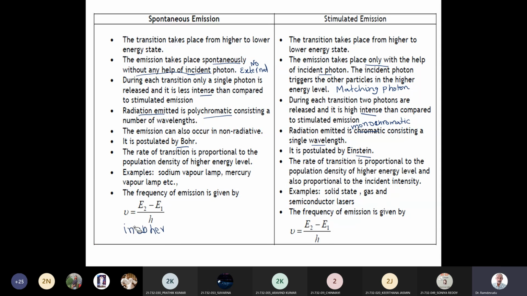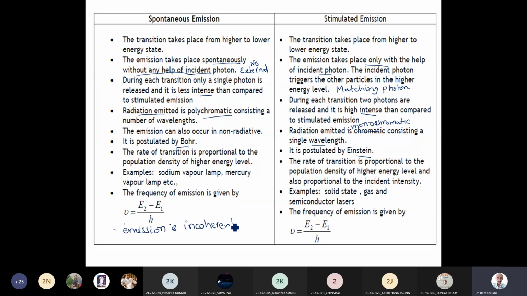I'll just erase this and write here. I'll get an incoherent emission, so it occurs in a non-radiative process, but here the emission is incoherent, meaning a coherent beam cannot be observed.